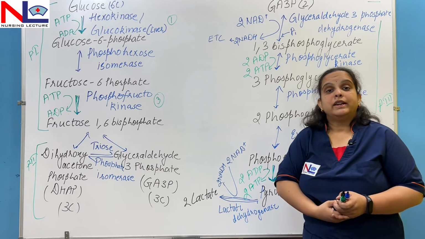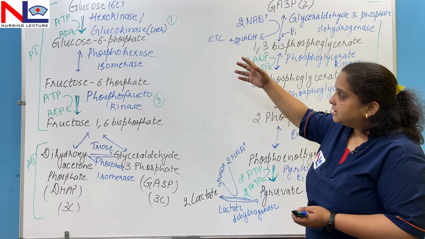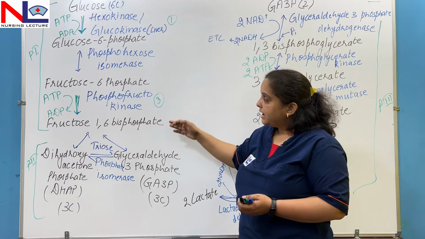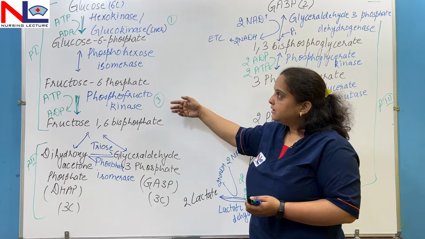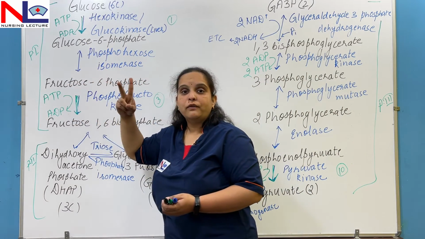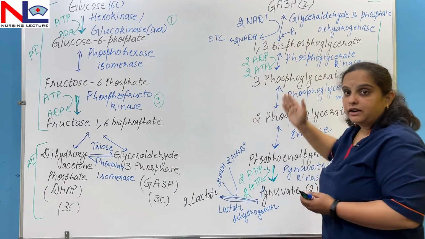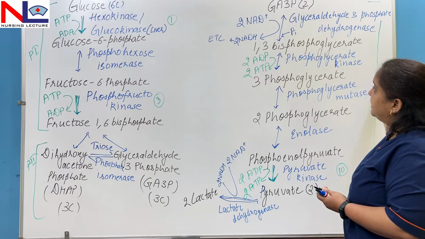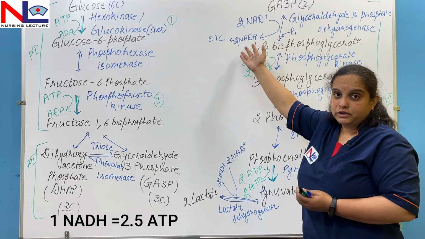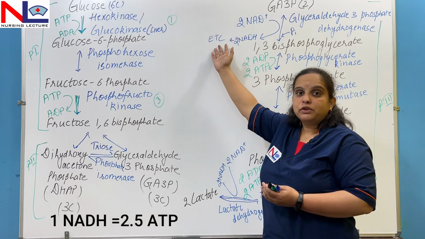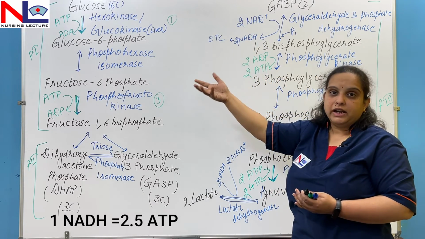So if we talk about its energetics, how much ATP is generated through this process, then you can see here in phase 1, up till this reaction, once the glucose molecule gets oxidized, it uses 2 molecules of ATP. It means it is consuming 2 ATP. But in phase 3, where it is producing energy, here you can see that 2 NADH are produced. Once they get into the ETC, they release ATP.